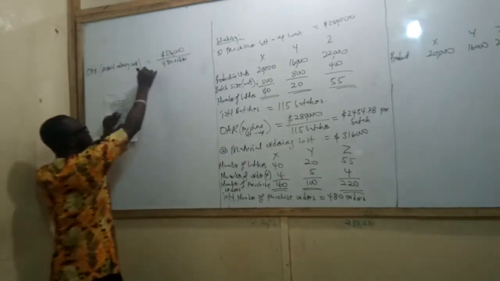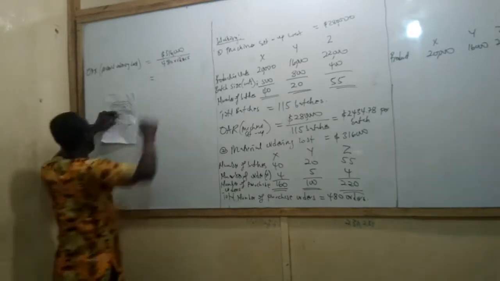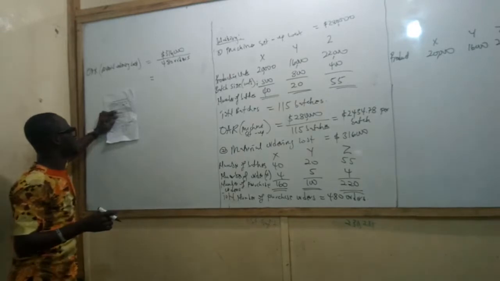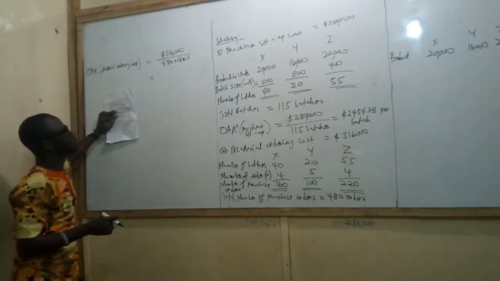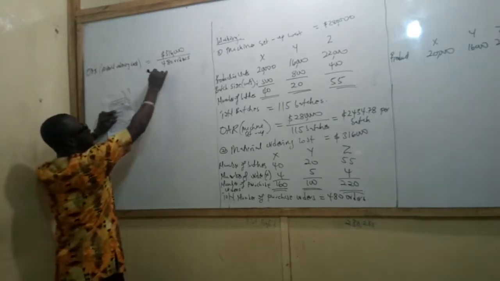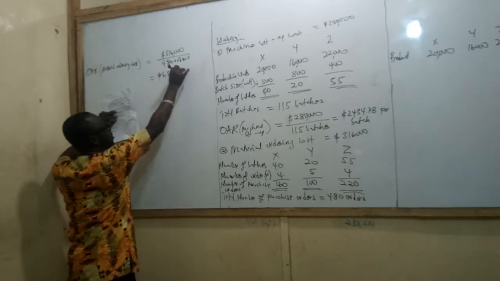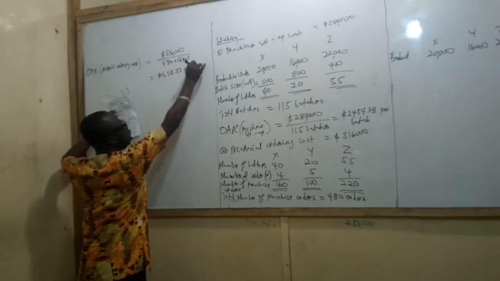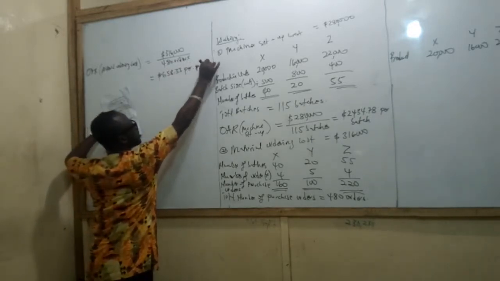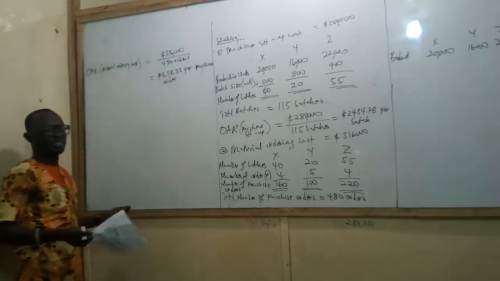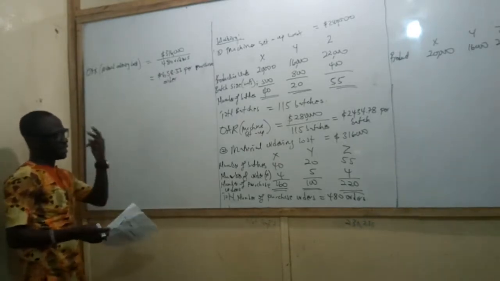What do we have? $658.33 per purchase order. That's the second thing.